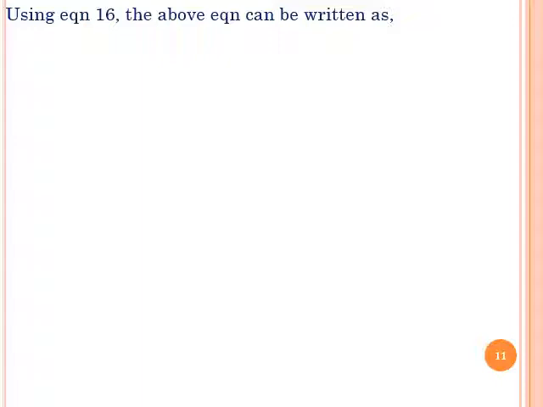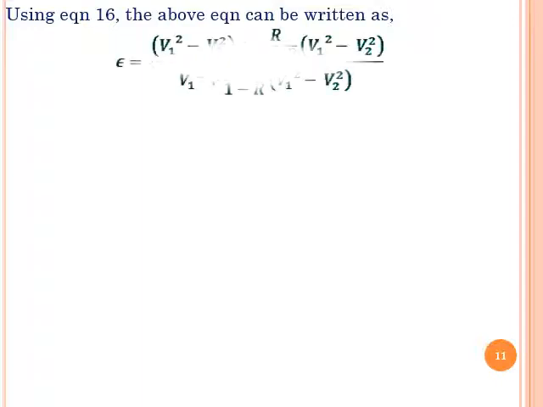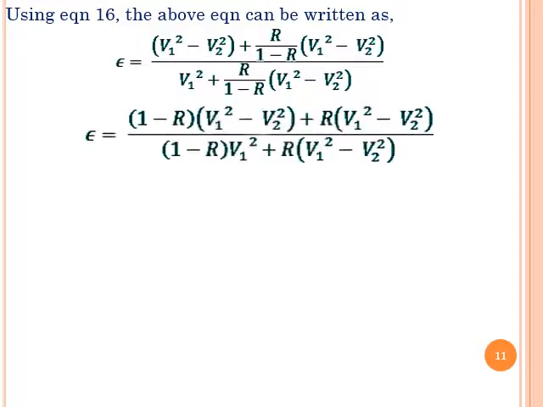Using equation number 16, the above equation can be written as V1 square minus V2 square plus R by 1 minus R times V1 square minus V2 square. In a similar manner, the denominator is V1 square plus R by 1 minus R times V1 square minus V2 square. After taking the LCM, this utilization factor equation can be simplified.